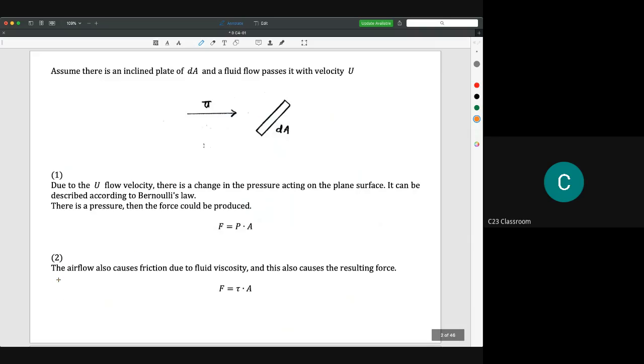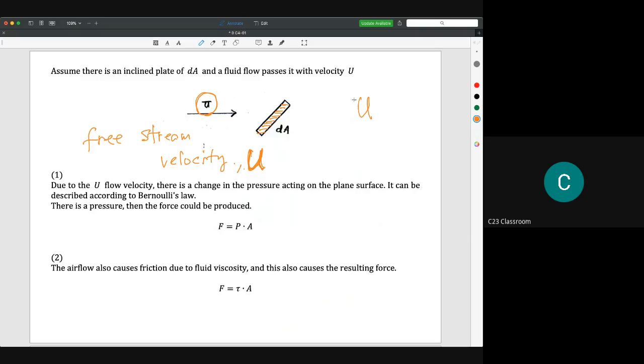Okay, so again, the idea is, for example, we have a small area like this one. We have a dA here, and then we have a free stream velocity. It is shown in textbooks with the common symbol capital U, a big U. But to differentiate in my handwriting, I will use a U with a bar on it.